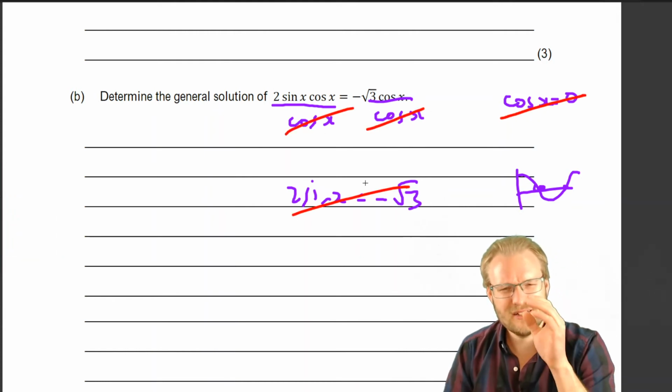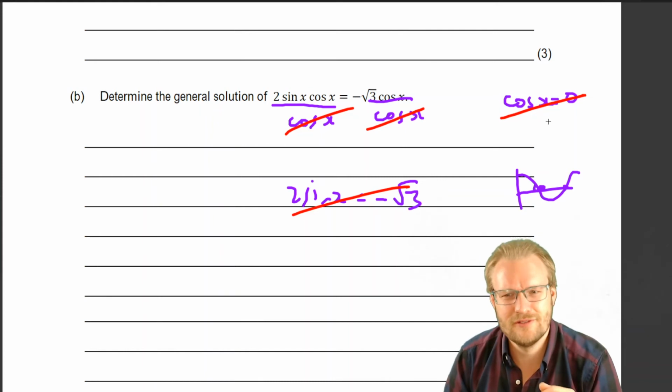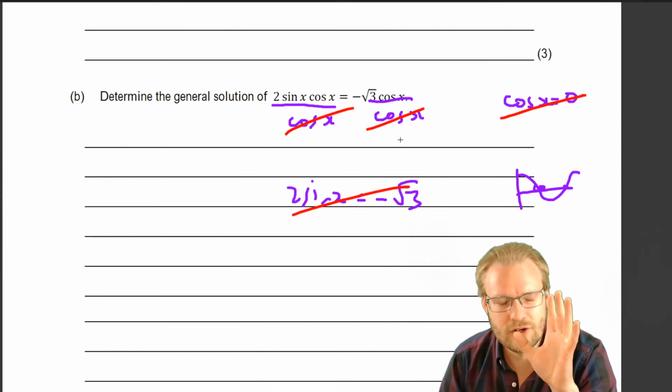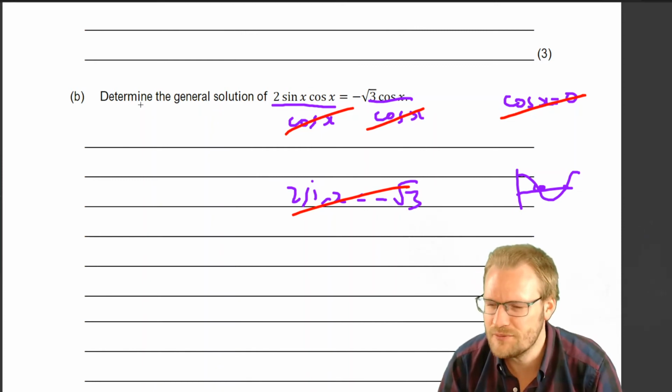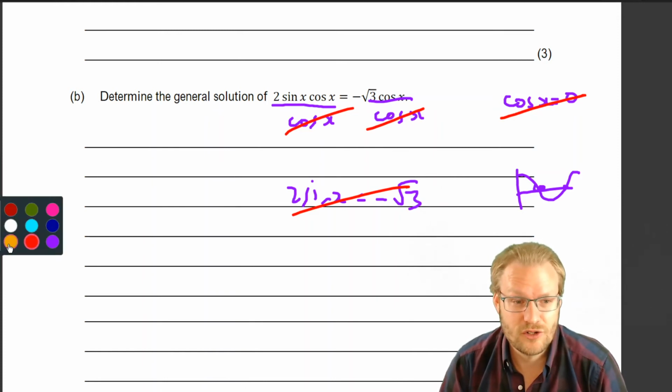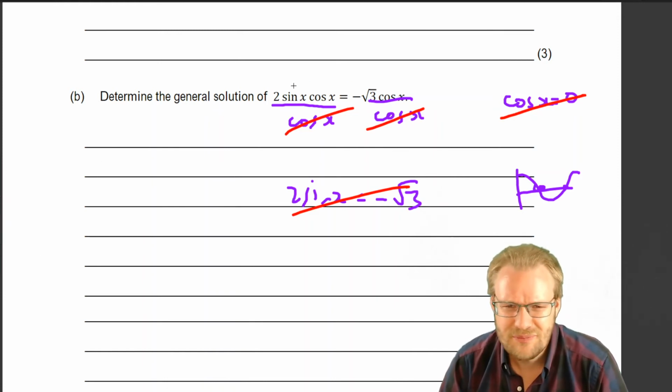But it kind of is sort of an idea, because we still want to just deal with one trig ratio at a time, one trig function or ratio. Rearrange your equation. Now, how do we know to do that? Because we can't just divide by that, so let's rearrange it.